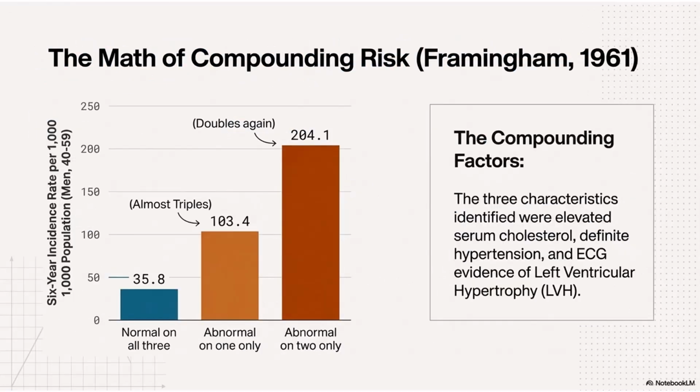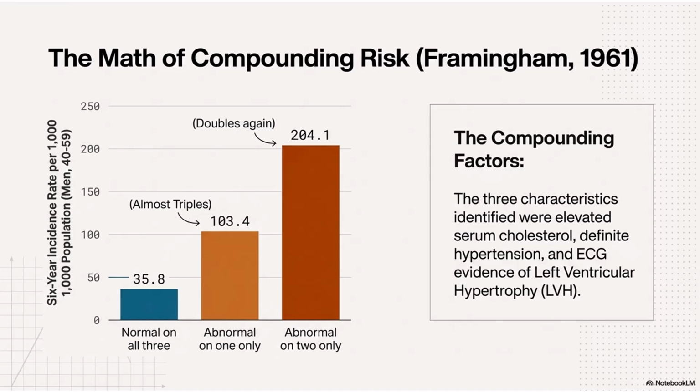So this slide shows one of the most important lessons from Framingham, in my opinion. It says risk factors do not politely stand in separate corners. They stack, they interact, they compound. Here we see the 6-year incidence rate per 1,000 population among men aged 40 to 59.